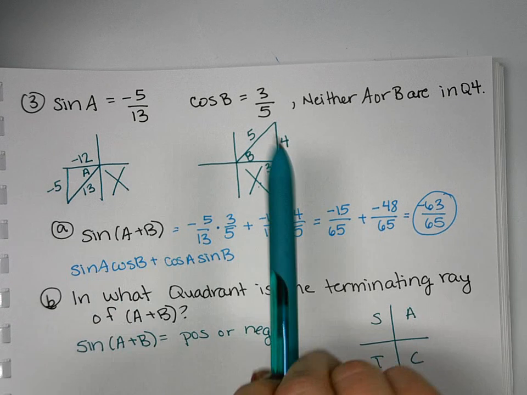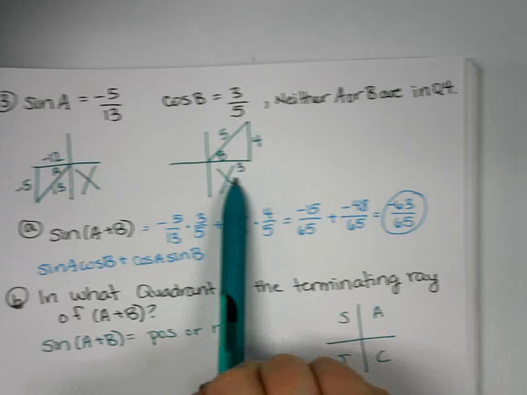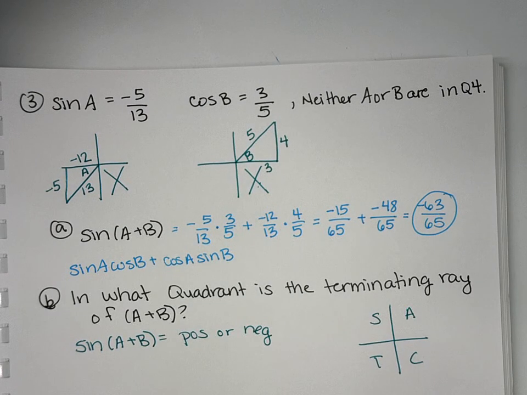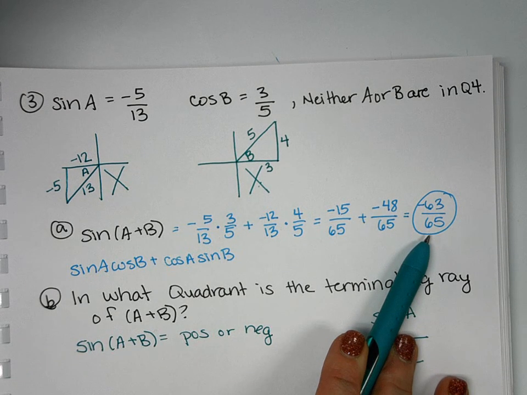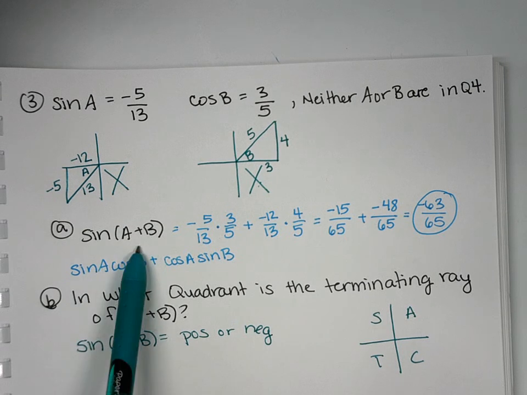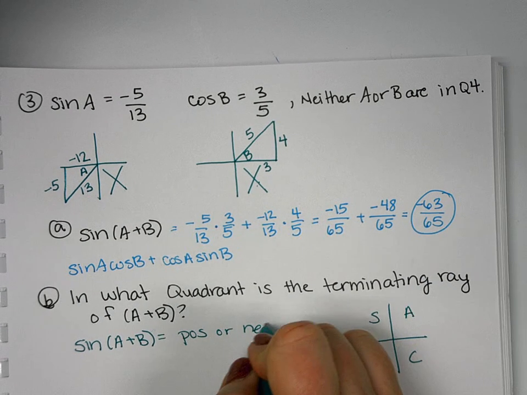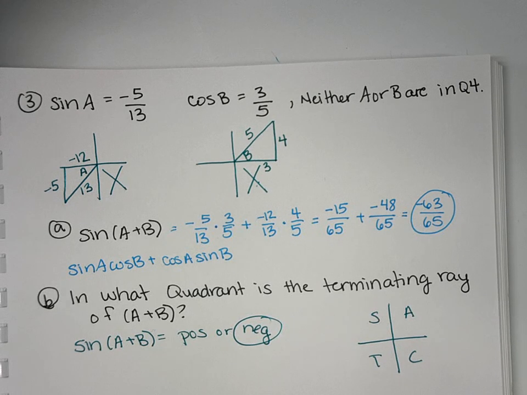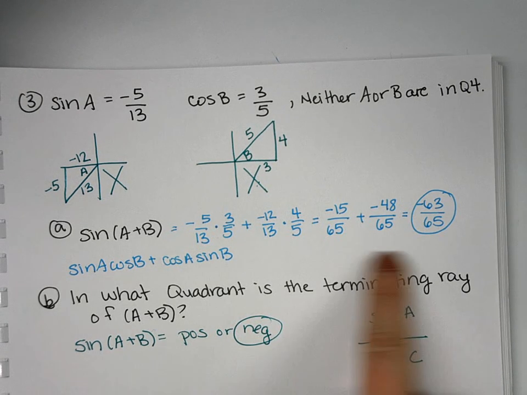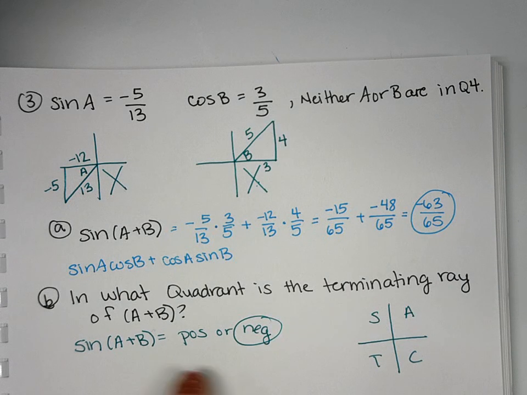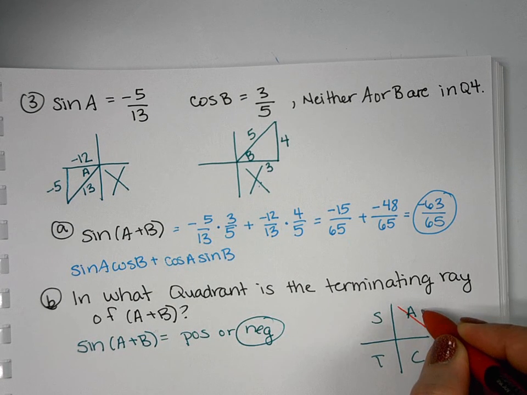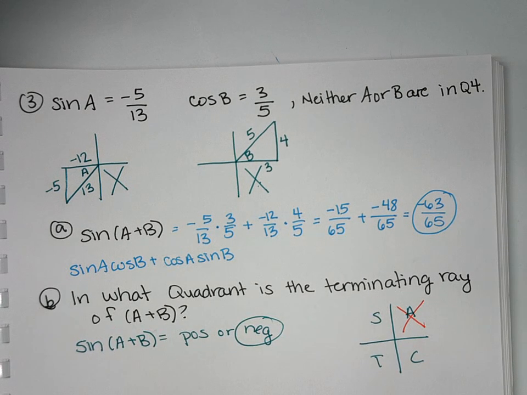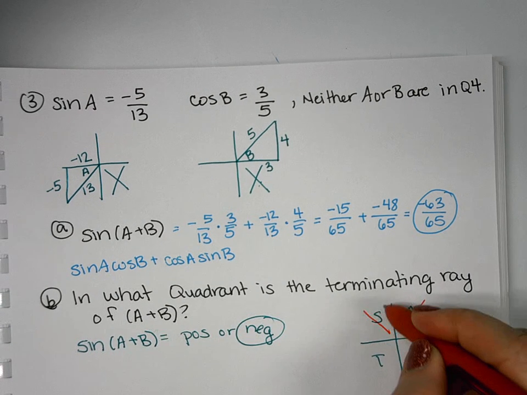My sine of B, 4 over 5, is positive, and when I add them together, it gives me a negative. So when I did my sine of A plus B, I got a negative. So right away, that means my quadrant can't be in quadrant 1, because all of them are positive, and my sine has to be negative, so that means it also cannot be there.